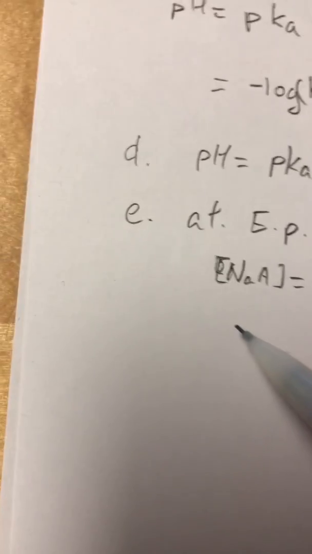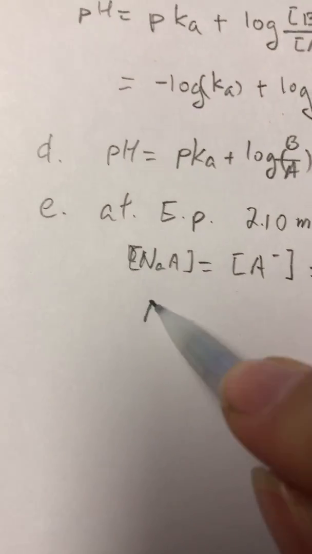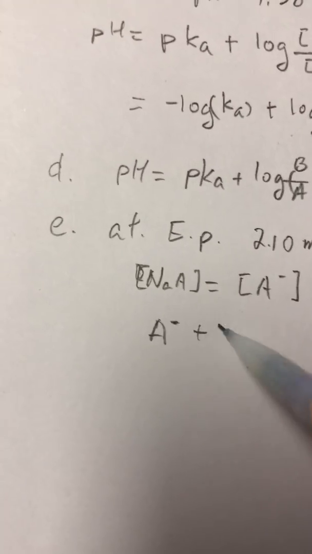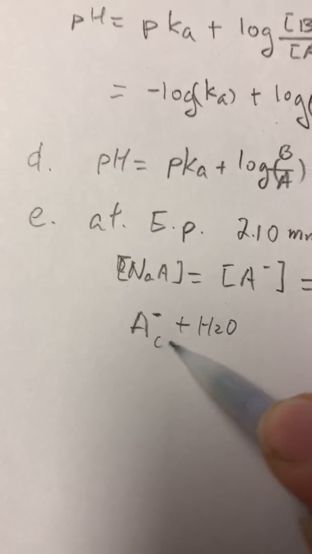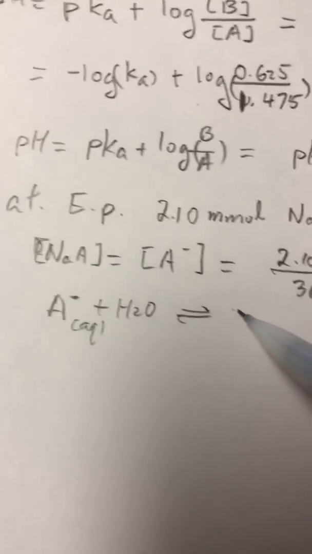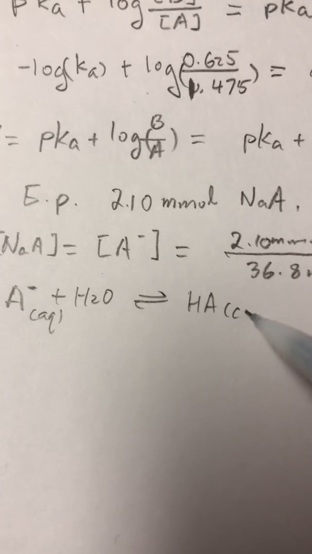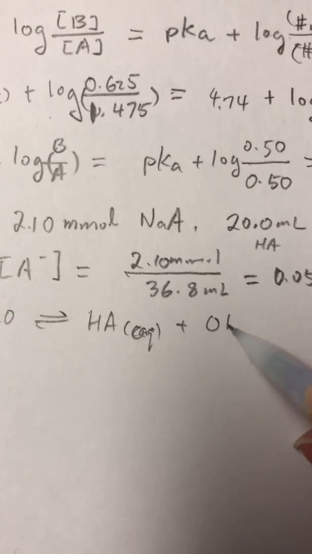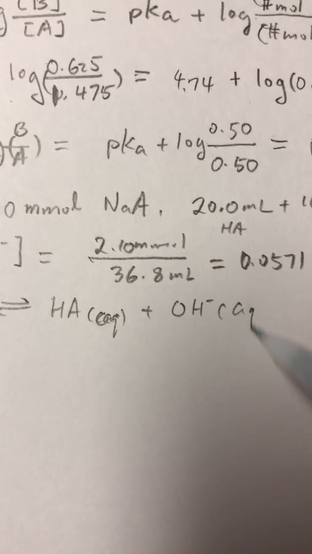Alright, now we have this, we have its concentration. Now, let's write this equilibrium. The equilibrium becomes A minus, which is the base, plus water, so that's the aqueous solution. Equilibrium, write the double arrow sign. It gives you the weak acid HA aqueous, plus hydroxide aqueous.